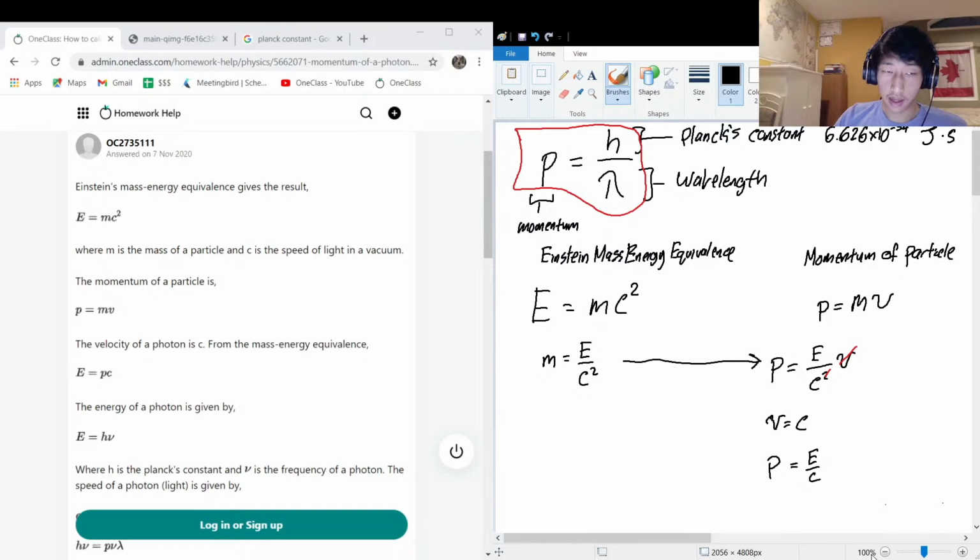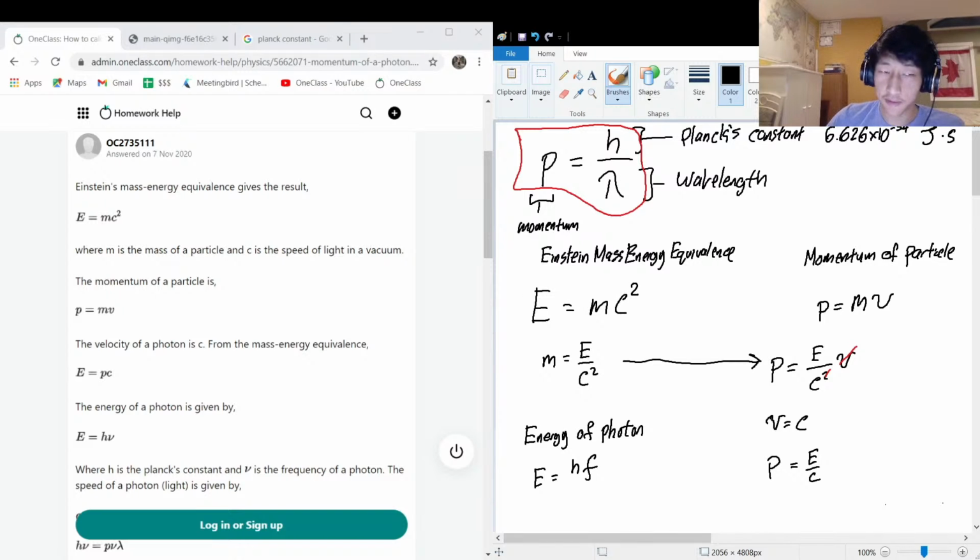Now the energy of a photon is given by E equals Planck's constant h multiplied by the frequency.